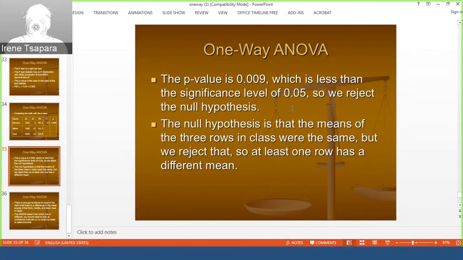They don't have any significant difference between their averages on the score of the student. But we reject that. So what does this mean? This means that we have enough evidence to believe that one of those populations, either the back, the front, or the middle row, has a significant difference on the average of the test scores.